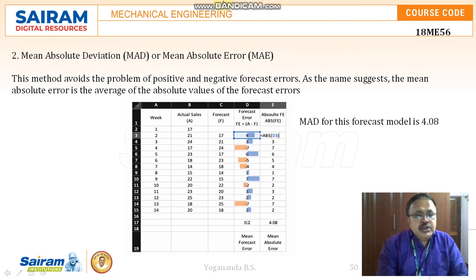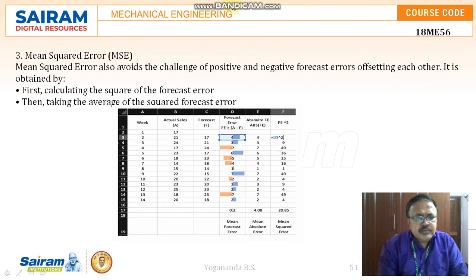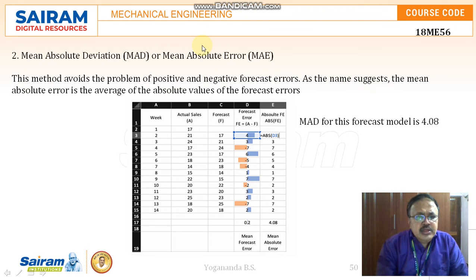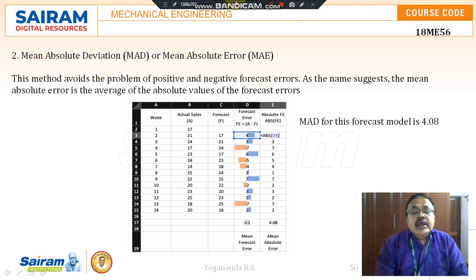Then, the mean absolute deviation, or the mean absolute error, that is MAE. This method avoids the problem of positive and negative forecast errors that we had in the earlier mean forecast error.